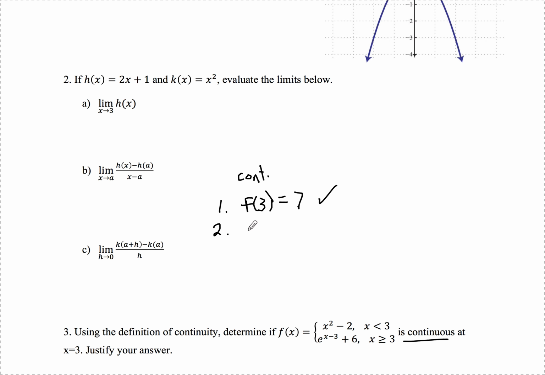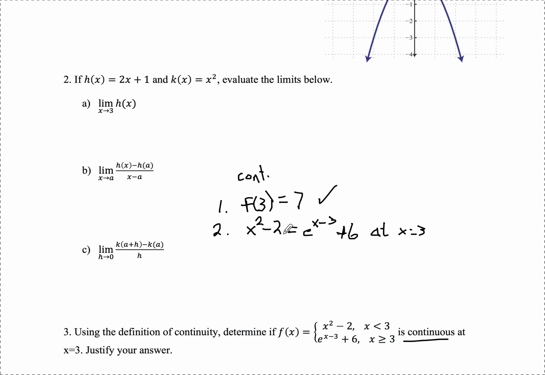We also need to make sure that the limit exists. So we need to make sure that x squared minus 2 equals e to the x minus 3 plus 6 at x equals 3. So that would check the limit, because remember, we checked to make sure the point exists.